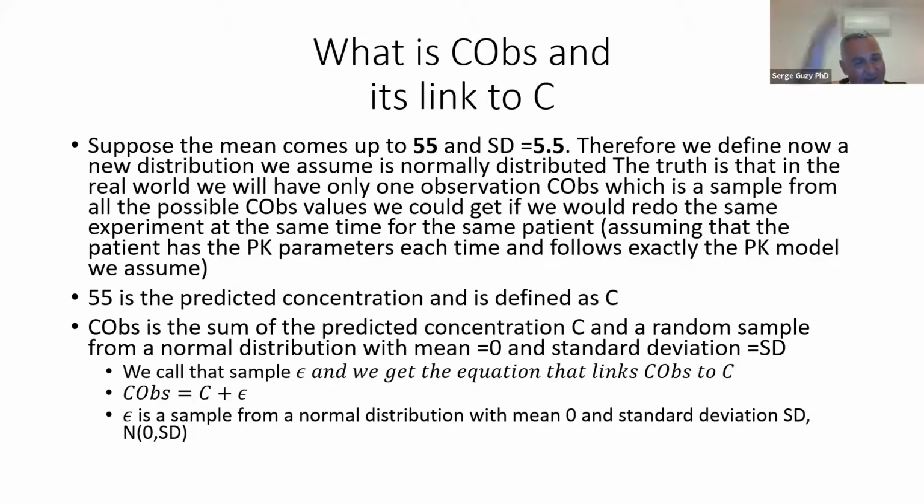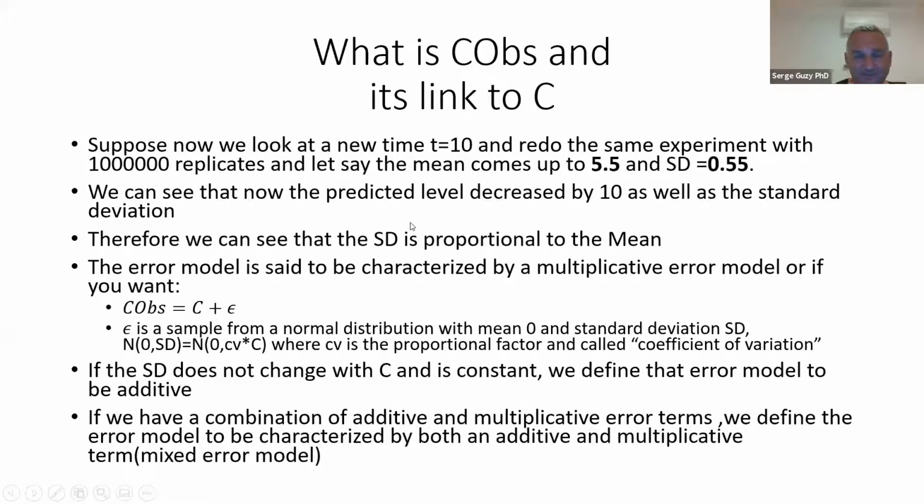Suppose that you have an assay, and most of the time with an assay, at a lower concentration there's less noise in the data, and when the concentration increases, you have more noise. In that case, we say that the standard deviation is proportional to the predicted concentration.